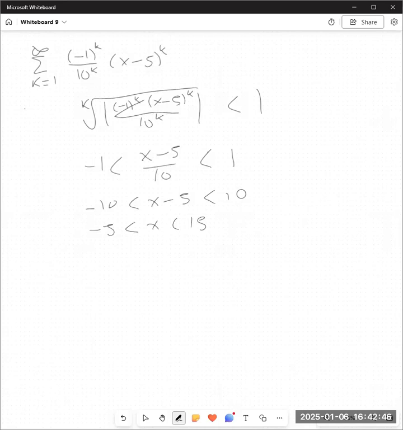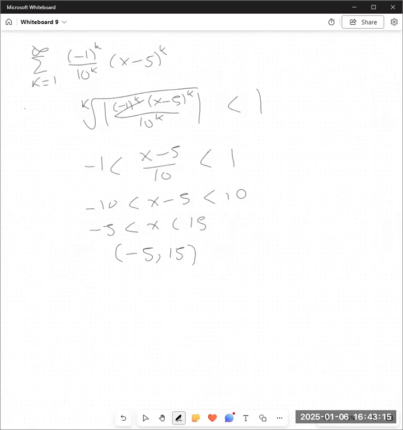So that's a (-1)^k that comes out, just becomes a 1. The 10^k cancels. It will just be 1^k. No, that diverges. The other side is going to be (-1)^k. When I'm done, that diverges. I canceled wrong in my head. So neither side converges there. That's the open interval -5 to 15.